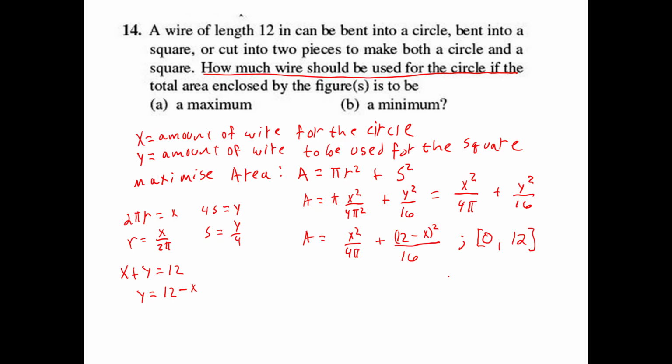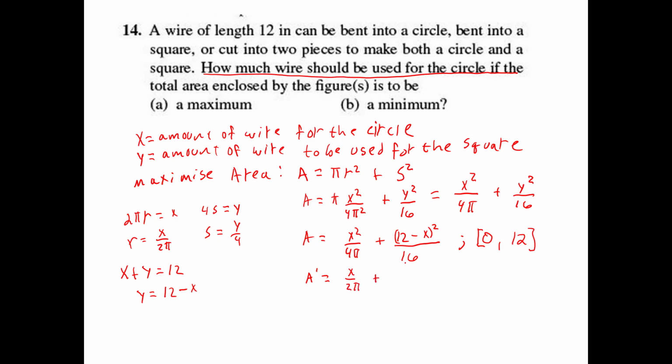And so then to find the critical points, I need to find the derivative. And so just because you see over 4 pi doesn't mean you use the quotient rule. This is just a constant. So we can just bring down the 2, which will cancel out this 4, and give us x over 2 pi.